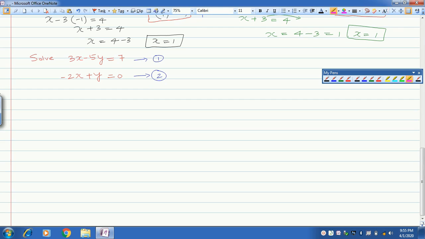You have to multiply 5 with equation number 2, and 1 with equation number 1.